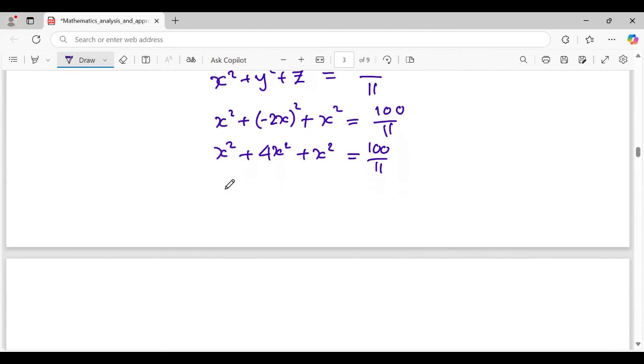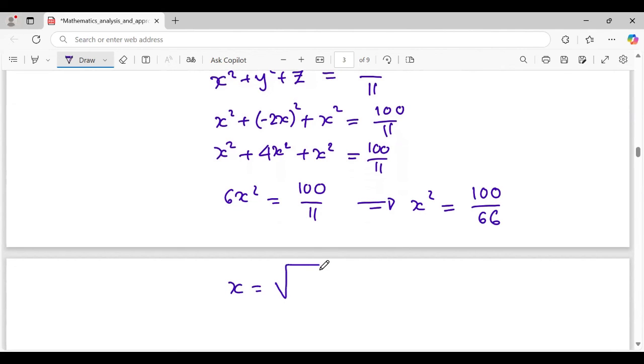So 6X squared equals 100 over 11, or X squared equals 100 over 66, or X equals plus or minus square root of 100 over 66.